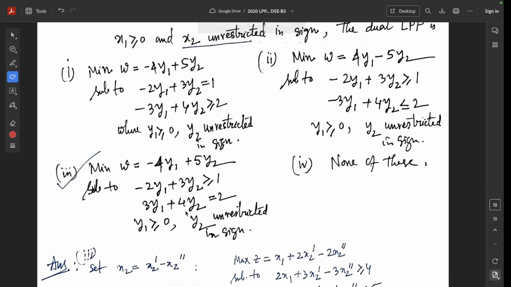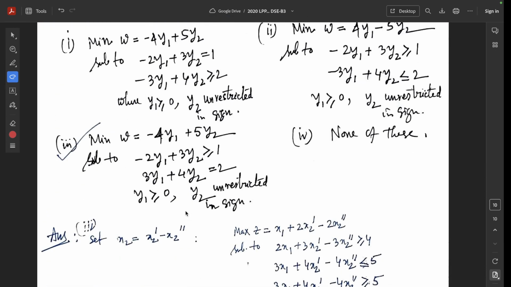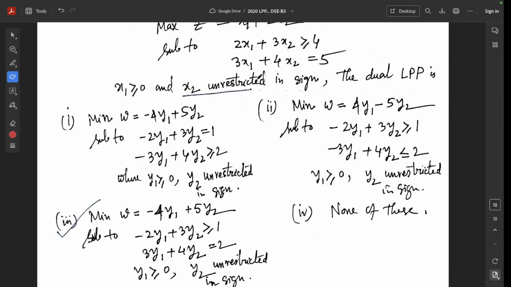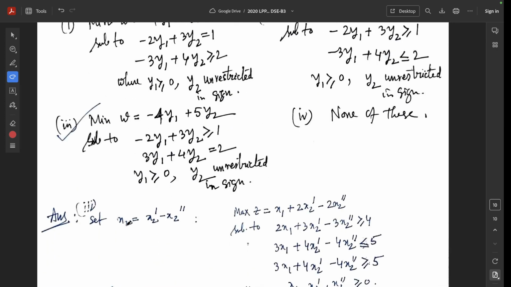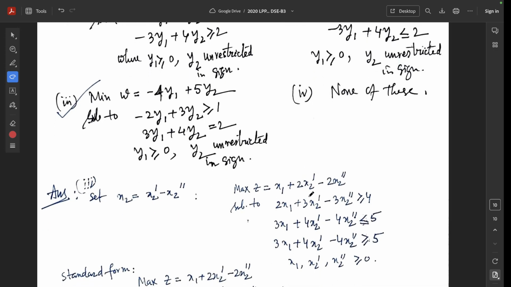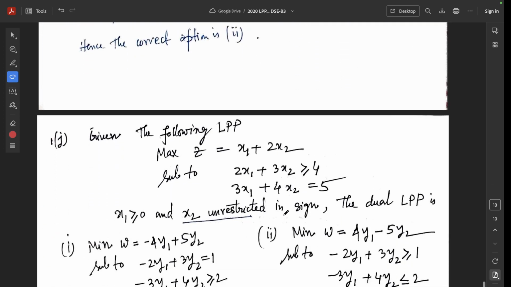Using the duality theorem, first we write this. Here x2 is unrestricted in sign, so put x2 equal to x2 dash minus x2 double dash. And this is the equation 3x1 plus 4x2 equal to 5.